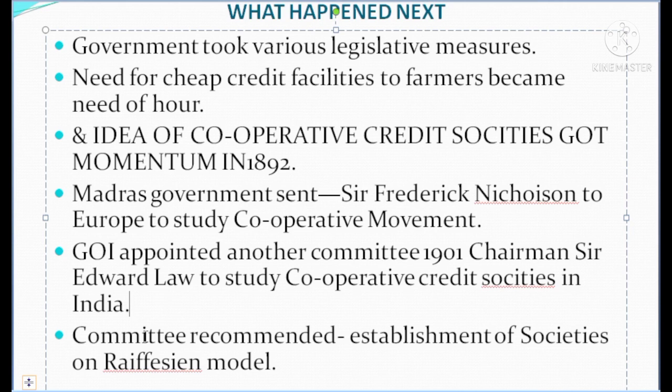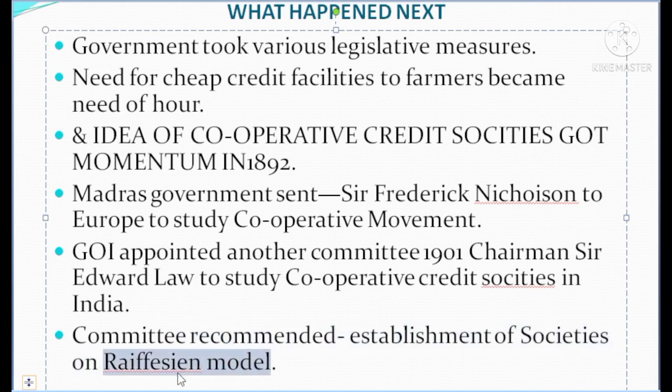This committee, which was headed by Sir Edward Law and appointed by the Government of India to study cooperative credit societies, recommended establishment of cooperative societies on the Raiffeisen model. What is this Raiffeisen model?